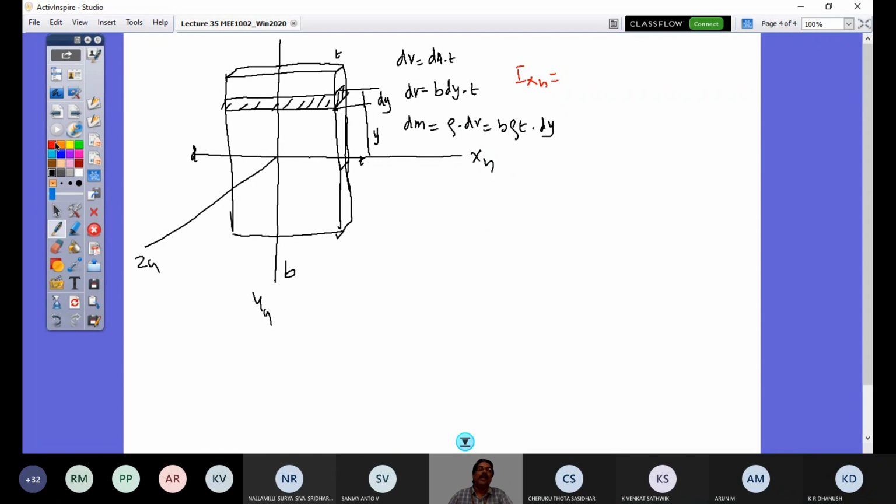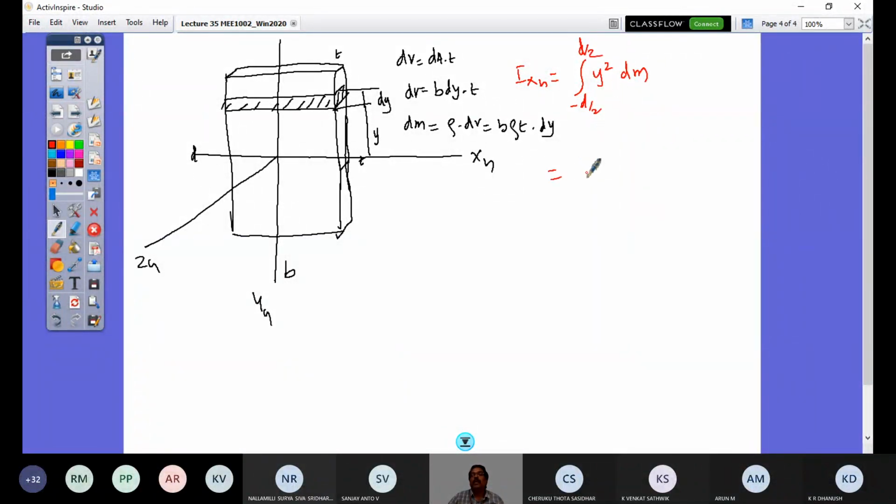Because by definition Ixg is the integration of the elemental mass moment of inertia about the xg axis. It's at a distance y, so y squared into dm. If this elemental mass is rotating about xg axis and I integrate from the limit minus d by 2 to d by 2, I would get my answer.